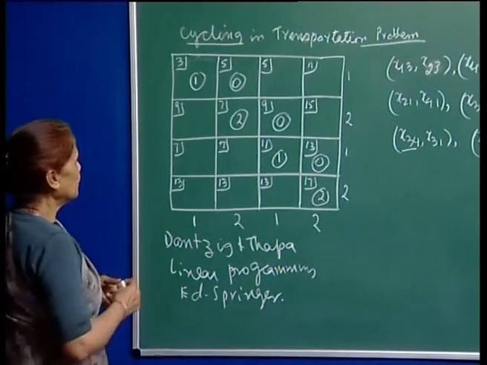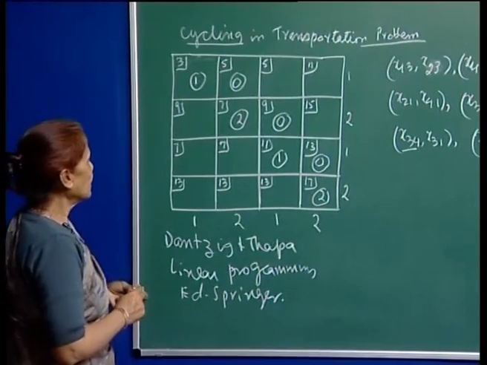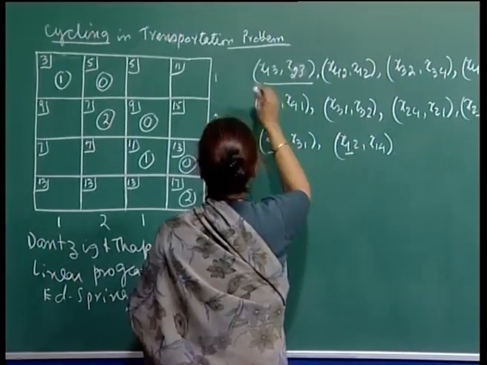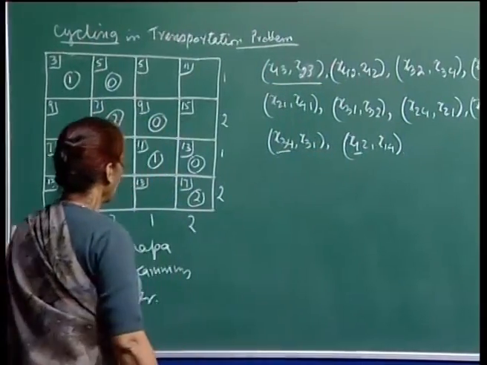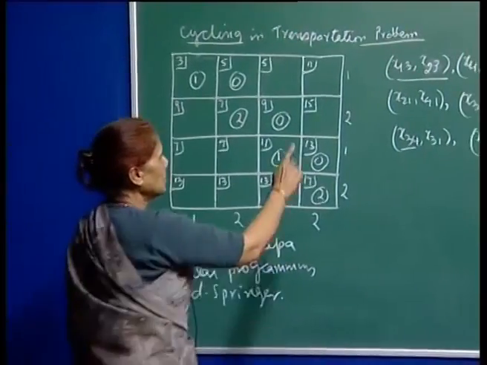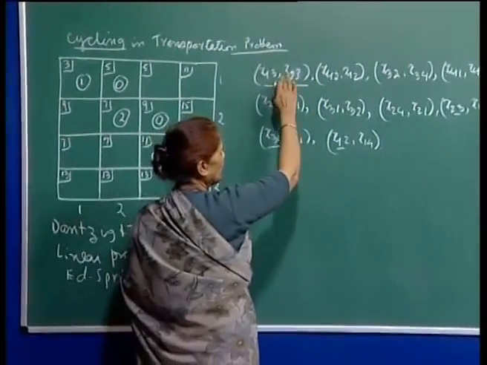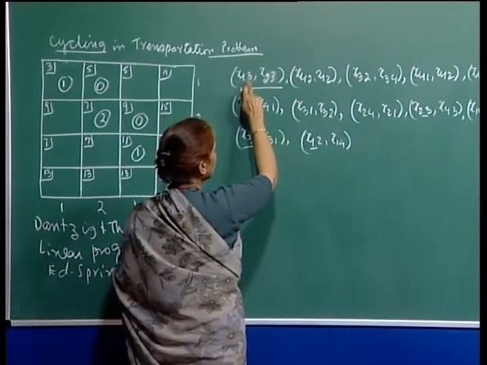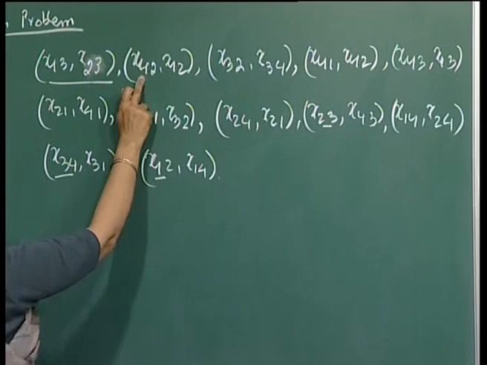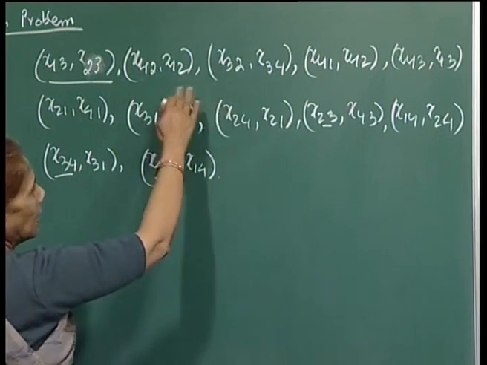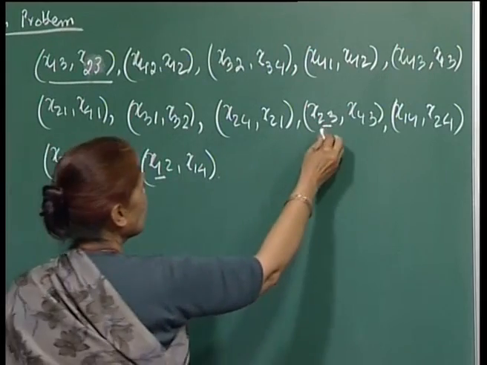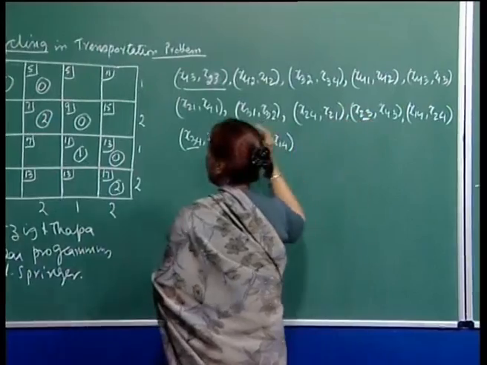This is a basic feasible solution, and starting with this, if you just use the normal simplex algorithm, then this is the series of incoming and outgoing variables. For example, in the first iteration, x13 comes in, x23 goes out, then x42 comes in, x12 goes out, and this way.